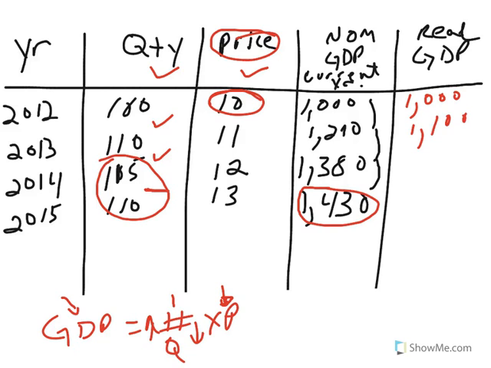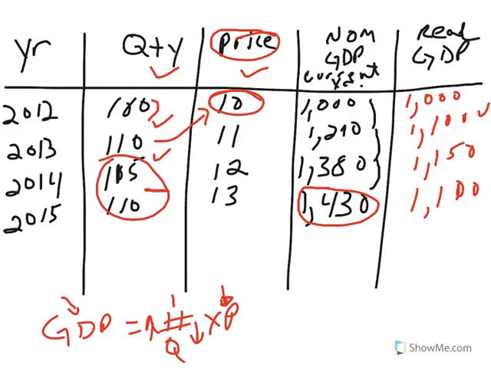And then if we just go back and fill in this table, we will see that when we multiply 110 times 10, we have an increase in GDP of about 10%, which is what we see in production.